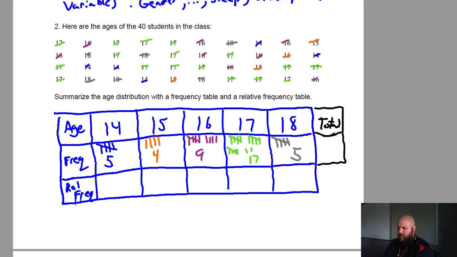If we take the total of all these, we got 5, 4, 9, 9 is 18, and 17, and 5, we should get 40.